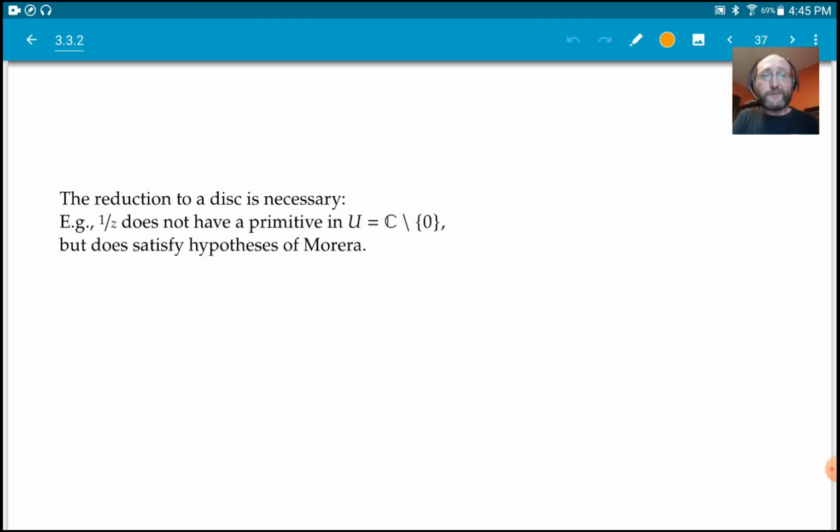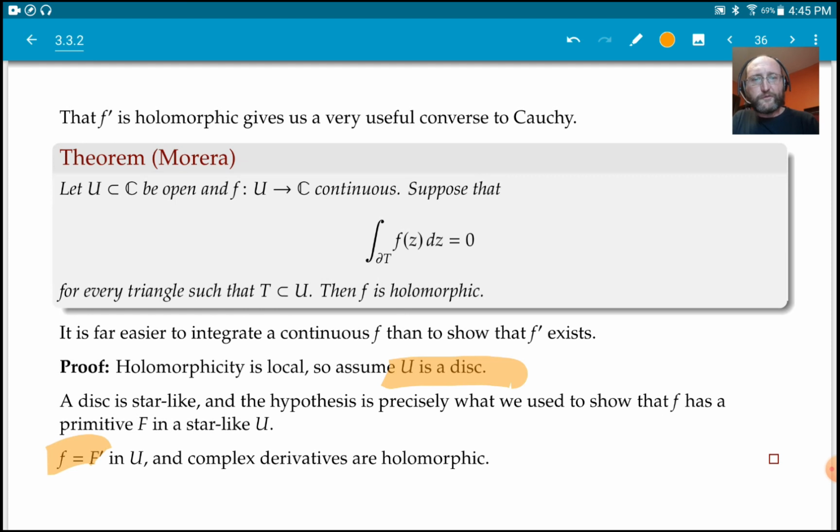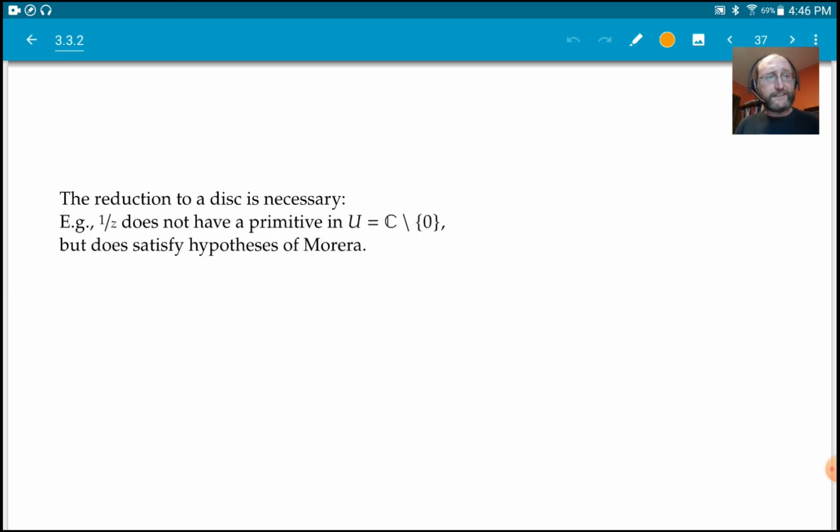Now, the reduction to a disk is necessary, right? You can't just assume having a primitive. This proposition that we proved before that gave us this capital F, that works only in certain domains.